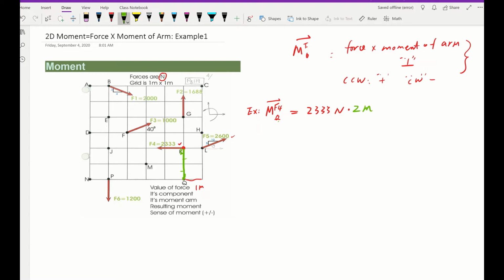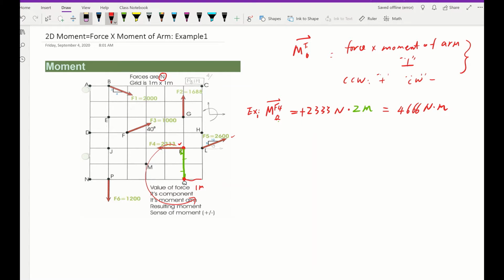Now let's think about the direction of rotation. This force is rotating about Q, and that's counterclockwise, so that's going to be a positive value. Then we have an answer for that, 466 Newton meters. All right, that's our example 1.